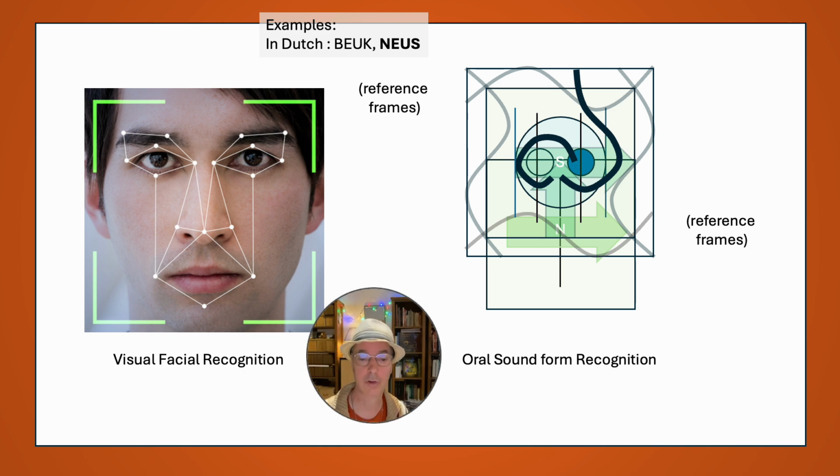It is not just the numerical order and the pinpointing of letters in space and time. It's not just that. Our ears also try to find a balance, and you can compare it to a kind of oral sound-form recognition.